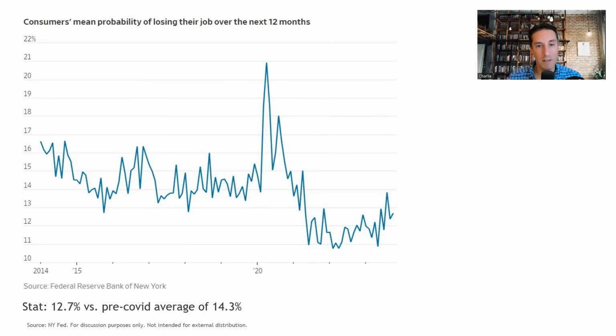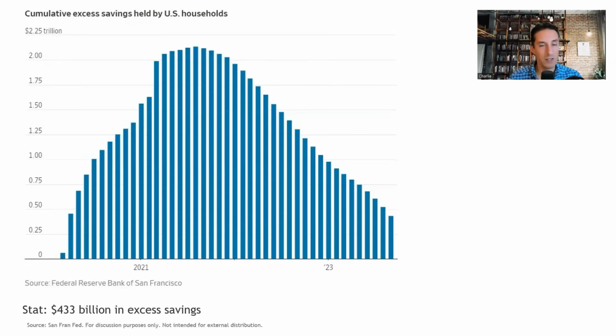And then we have the final factor here, and this has been very hard for people to estimate. Every time people thought that this money had run out, there would be a new analysis saying, no, look, there's still excess savings. This is a chart trying to estimate the excess savings that U.S. households have had since the three rounds of stimulus in 2020 and 2021.